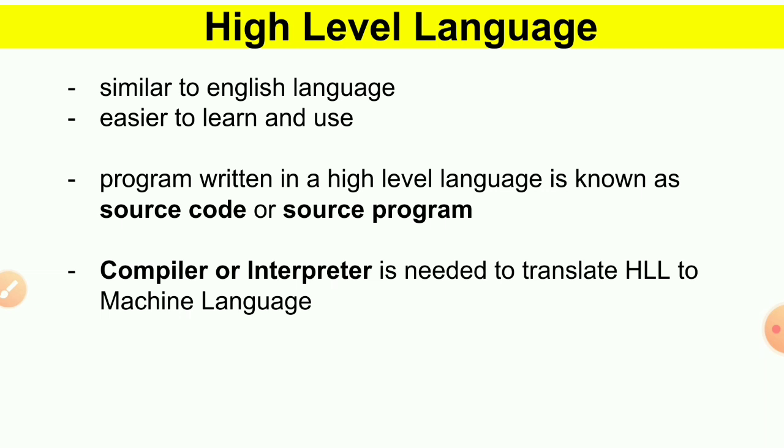Assembly language is a mid level language. It's neither high level nor completely low level, it's somewhere in between. But high level languages such as C, C++, Java, etc. are all very similar to the English language, so it is much simpler to use these languages to write a program.